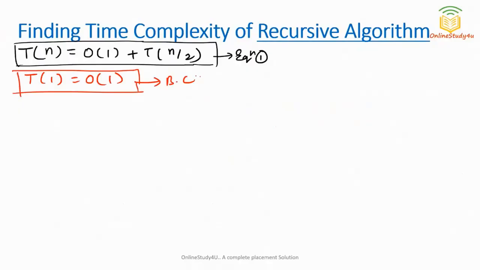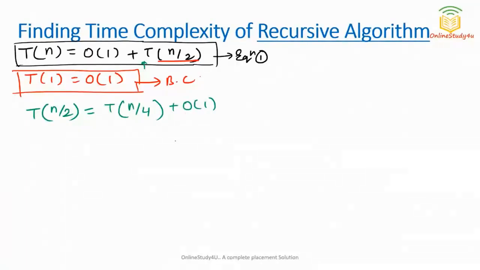Now we have to eliminate this term T of n by 2. So what can we find? T of n by 2, if we put it in this, we can write it as T of n by 4 plus big O of 1.